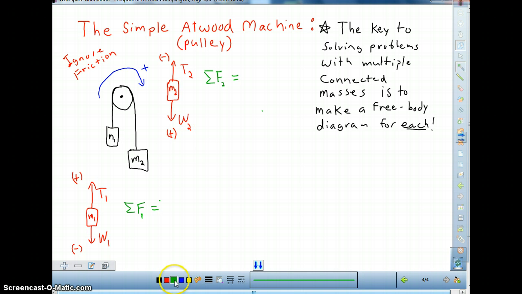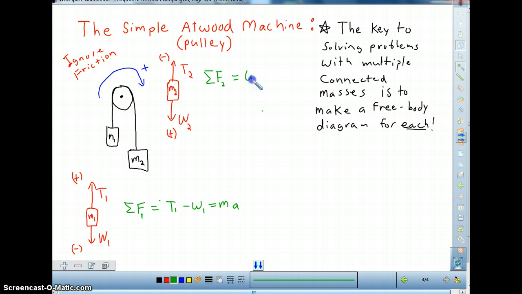Now, in green on each of these, I'm going to build an equation for Newton's second law, summing up all the forces. On mass 1, that would be tension 1 minus weight 1 equals m a. Similar up here, but remember the direction got flip-flopped because of the pulley.